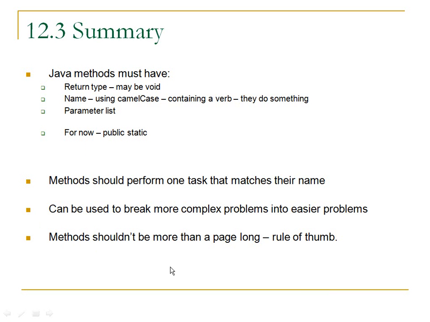A brief summary of the things that we've looked at in this segment. Java methods, not functions, even if I say that by mistake from time to time. Java methods must have a return type, even though that may be void. The name of a method in Java is always with camel case. That means it starts with a lowercase letter.